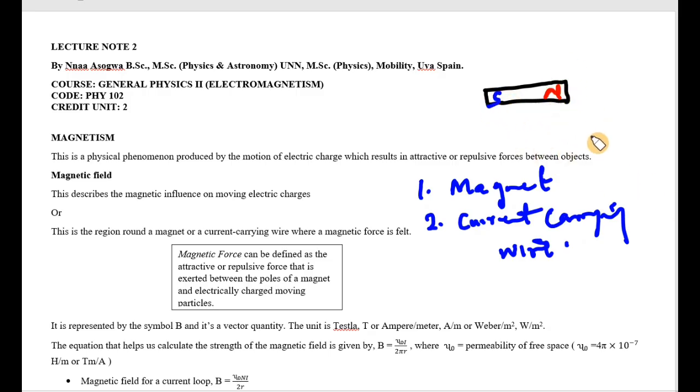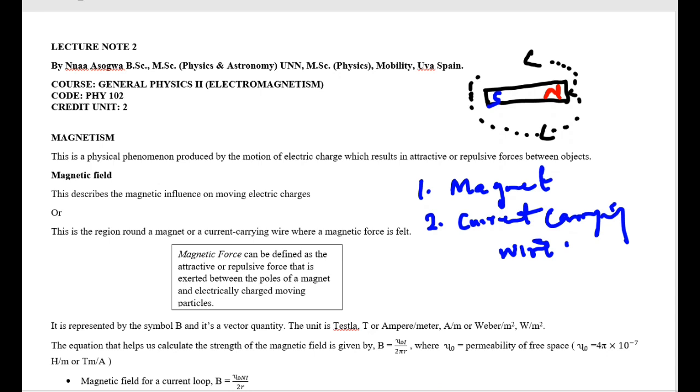It has magnetic field around it, denoted by the magnetic lines of force, which run from the north pole of the magnet to the south pole. You see, the magnetic field around a bar magnet is represented by magnetic field lines.